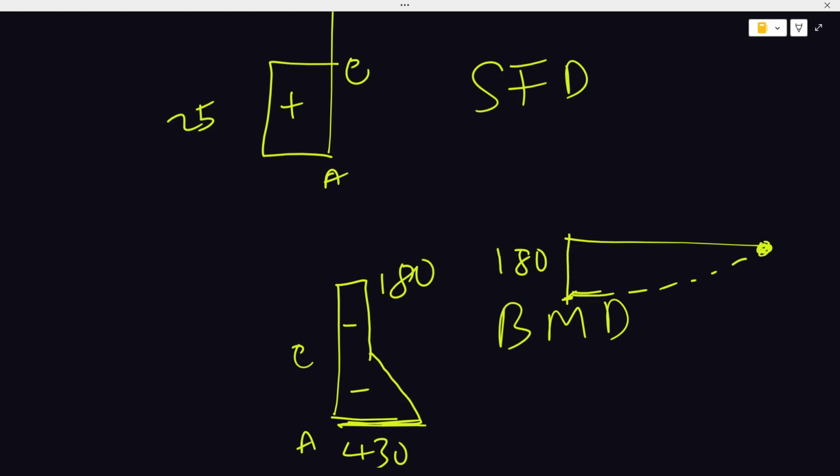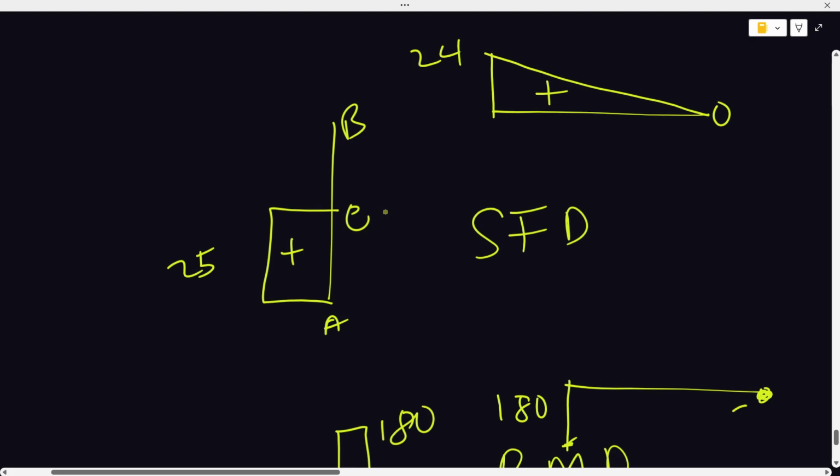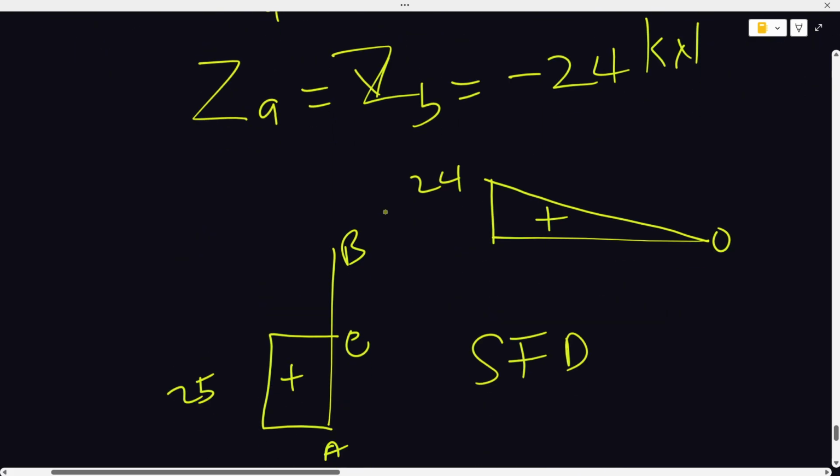Now, to know how, you need to know something: that your shear force is the slope of your bending moment at a point. Remember, your shear force is the slope of your bending moment.